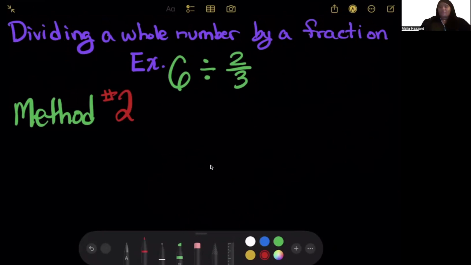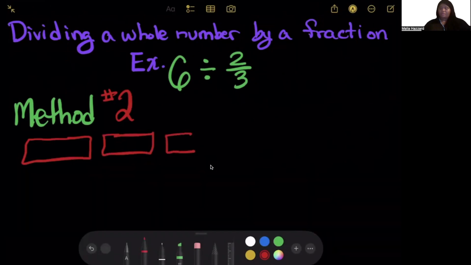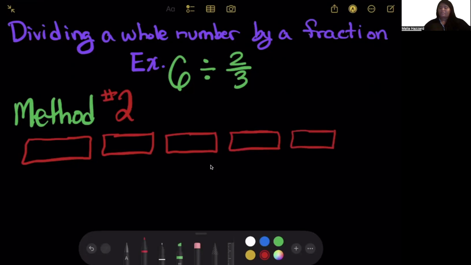So I'm going to start off with my blocks. I know I have 6 total blocks. 1, 2, 3, 4, 5, and 6. Okay. Because my denominator is 3 on the second fraction, I'm going to break each block into 3 pieces.